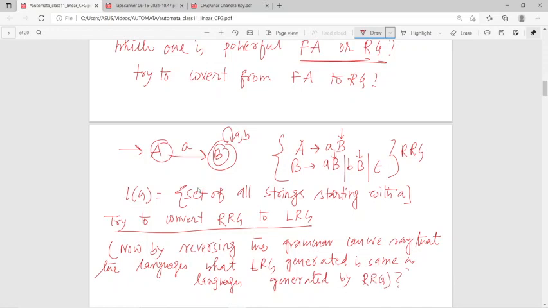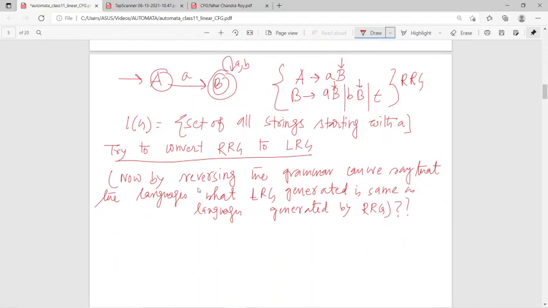That is the question that arises. So let's see what will happen.